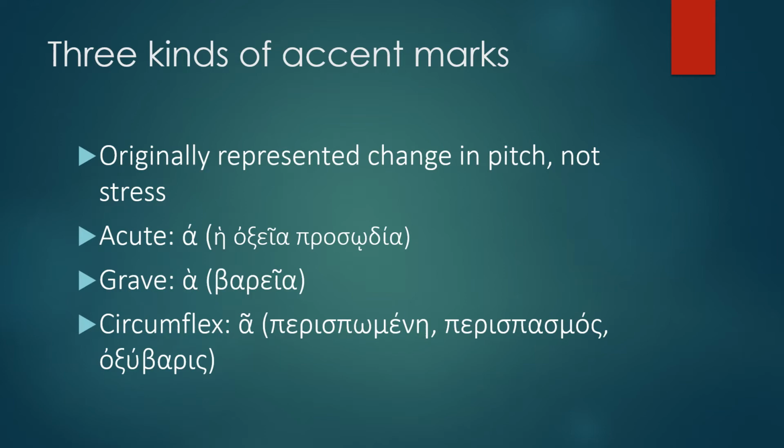So the circumflex is a combination of the acute and the grave. So it's a going up and then down in pitch. And because you're doing two things in the same syllable, these circumflexes only happen on long syllables, because with a short syllable you don't have enough time to do both an acute and a grave. You don't have enough time to do an oxubaris.